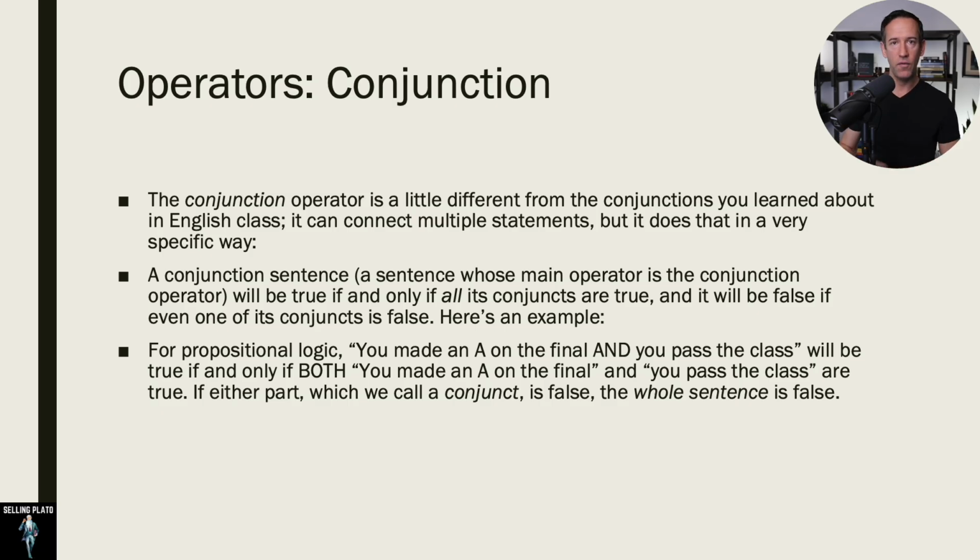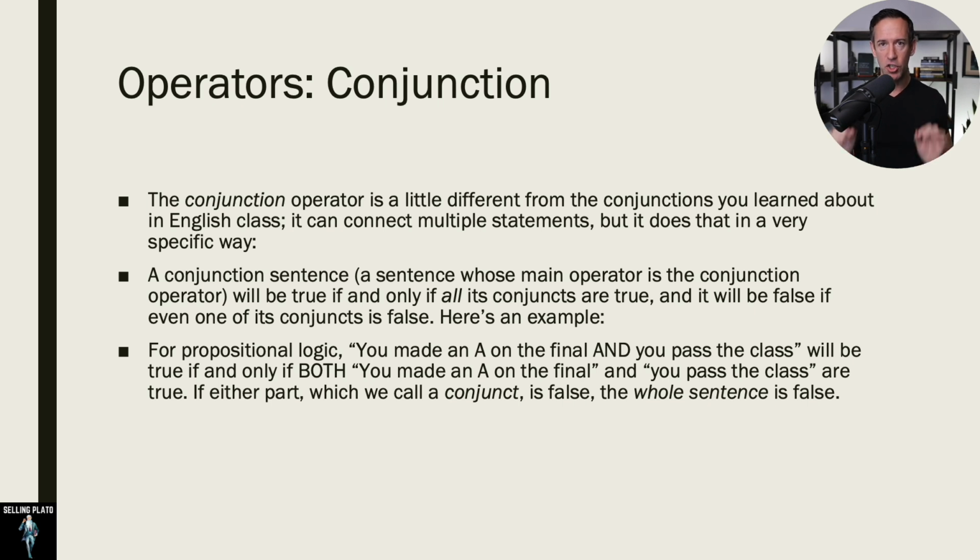If any of its parts, if either part in this case, which we call a conjunct, is false, then the whole sentence is false. All right? So let that be one of the principles that you memorize at this point.